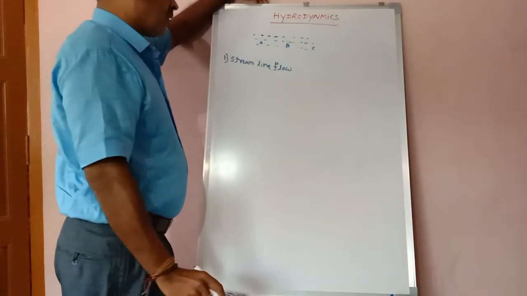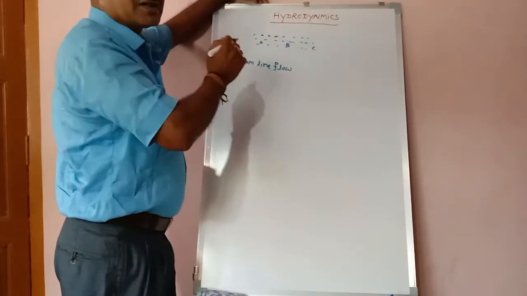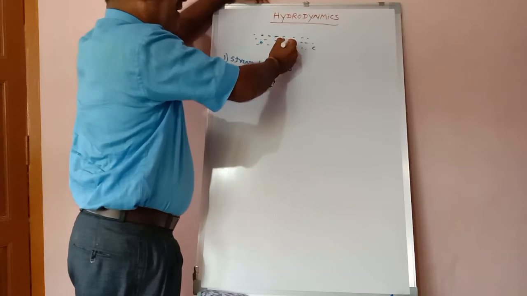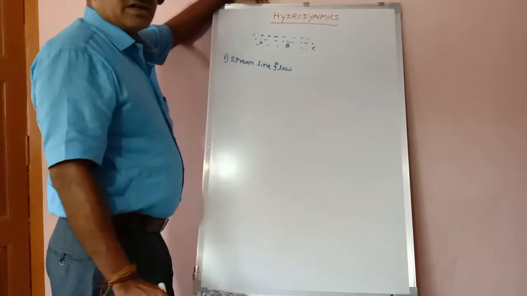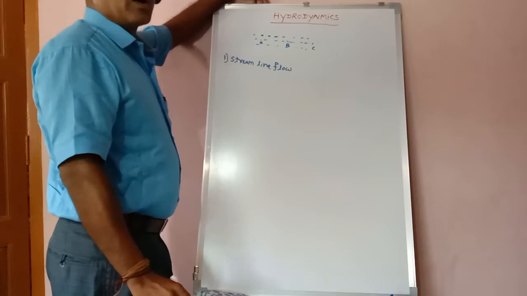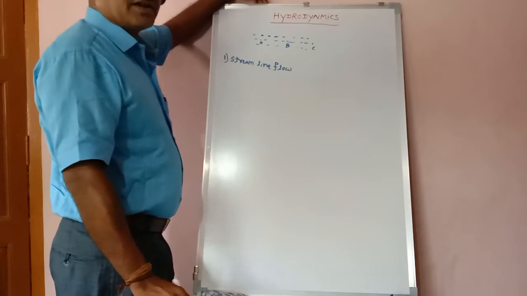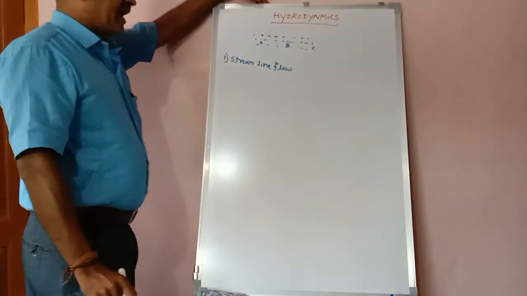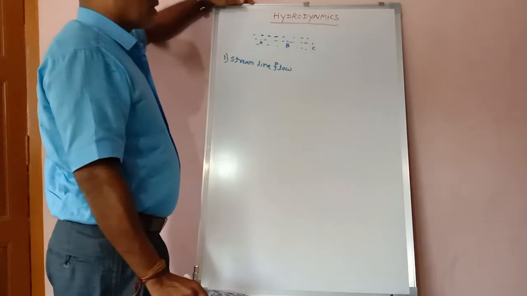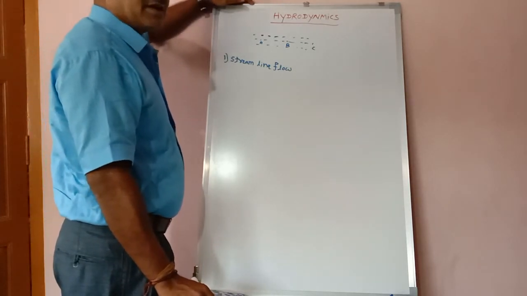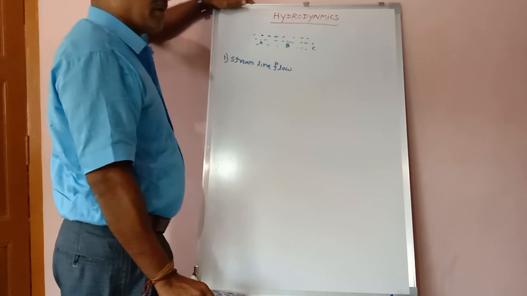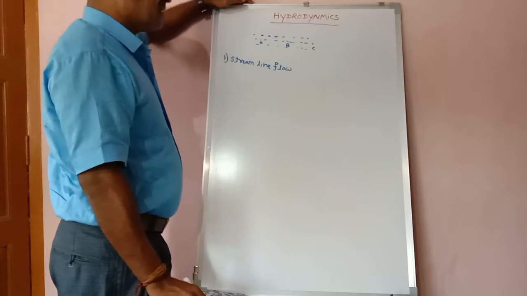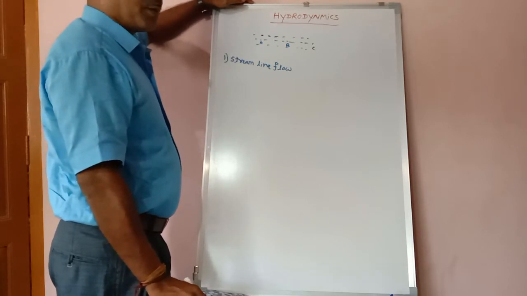Because the velocity or speed is the same at point A, point B, point C, the speed of the fluid remains constant. At point A a tangent is drawn, at point B a tangent is drawn, at point C a tangent is drawn. It gives the direction of the flow of fluid.